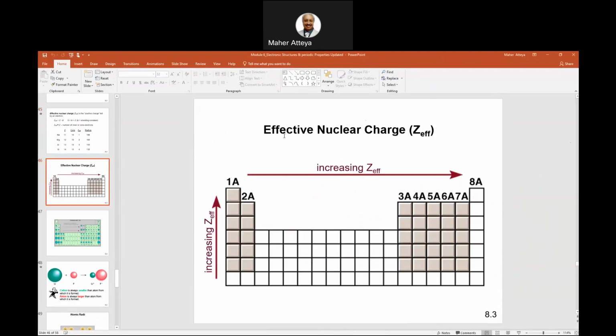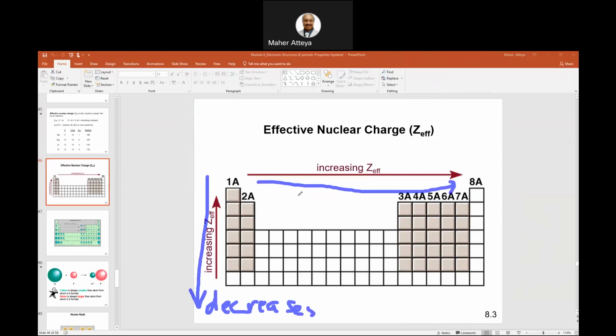When you go down a group, it is the opposite of the radius, so it decreases. And when you go from left to right, it increases. Okay, guys, I wanted you to memorize this because that will help you.